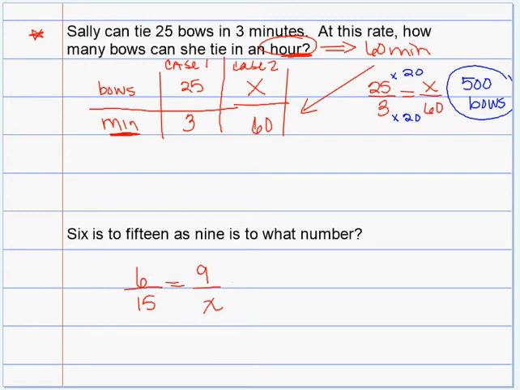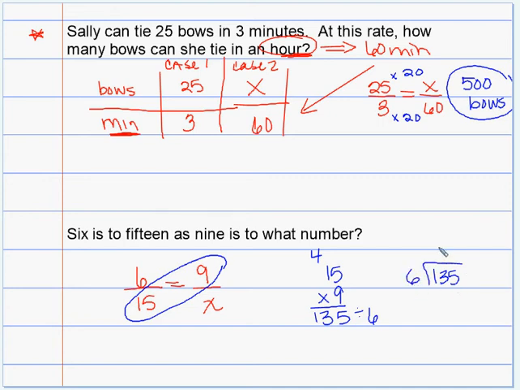So, again, here I am going to use cross products. Now you might choose to reduce this fraction first. That might make it easier for you. I'm just going to go and multiply 15 times 9. 45, 135, and then I would divide that by 6. So 135 divided by 6.